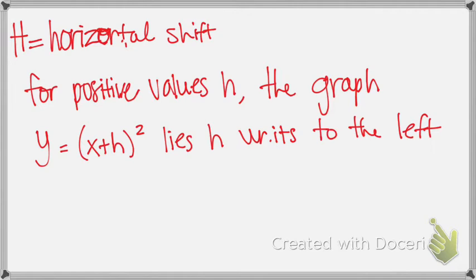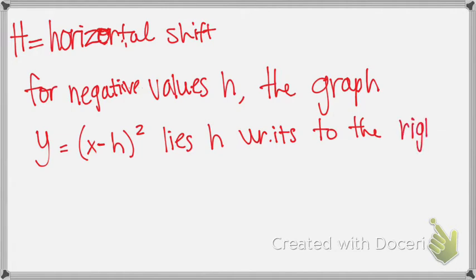All right, so for number 14, let's change the word positive to negative. And let's change this addition sign to a subtraction sign. And let's change this word left to right for number 14.